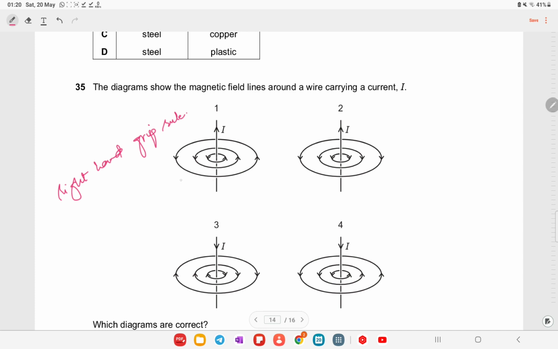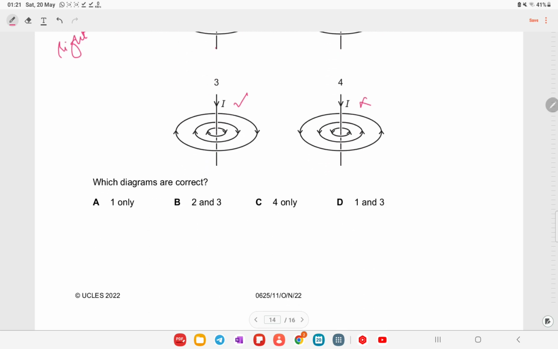If you put your thumb in the direction of current and curl your fingers, the fingers will be pointing clockwise. In this case, it's going to be anti-clockwise. This is right. This is wrong, because if this is right, then this is also right. This is opposite to that. This is wrong. So 1 and 3 are the right choices.